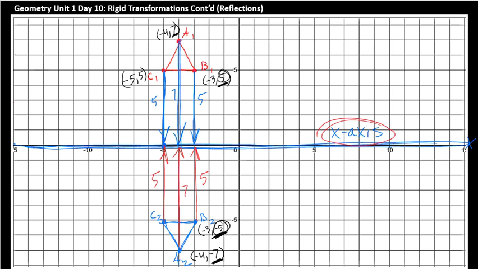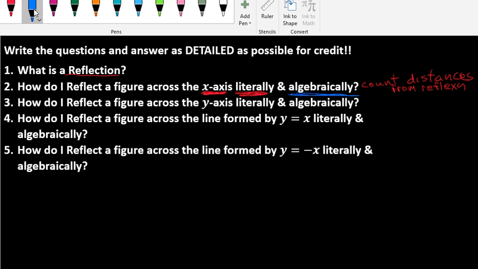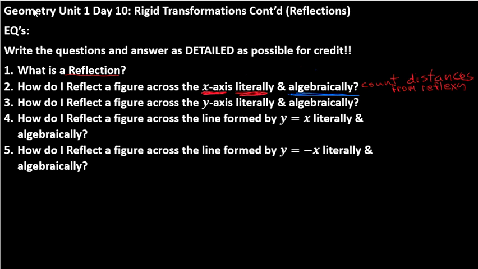So there's our little pattern I think we can already determine. So algebraically speaking, how do we perform a reflection across the x-axis? Well, we go from (x, y) to, all we did was change the sign of y. So you just change the y sign.